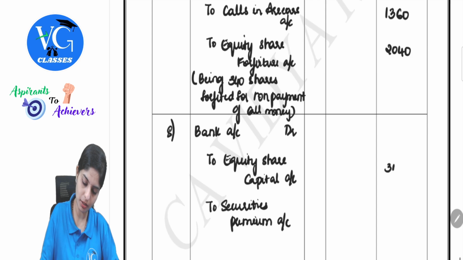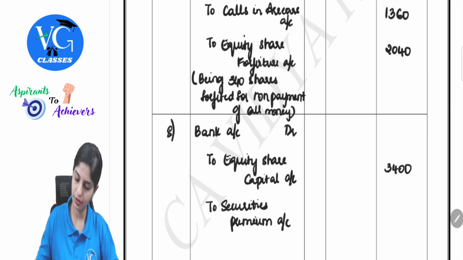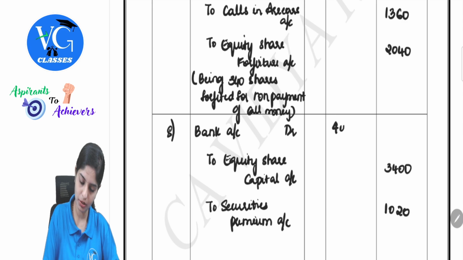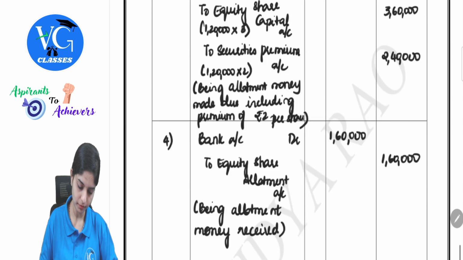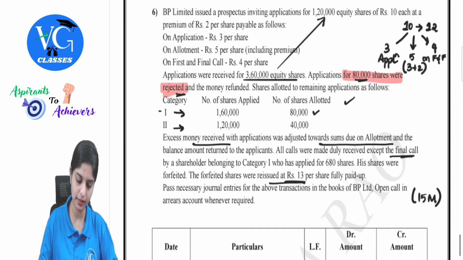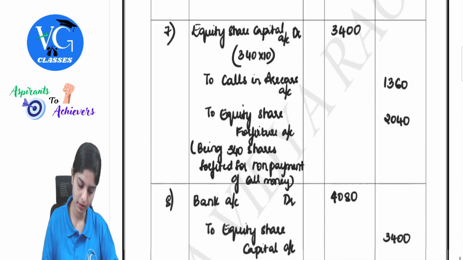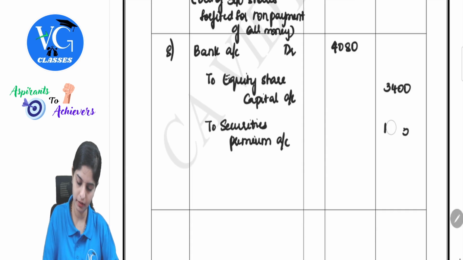340 into 10, 3,400. 340 into 3, 1020. 340 into 12, 4080. What is the reissue price? It is 13 rupees, not 12. Just a second.